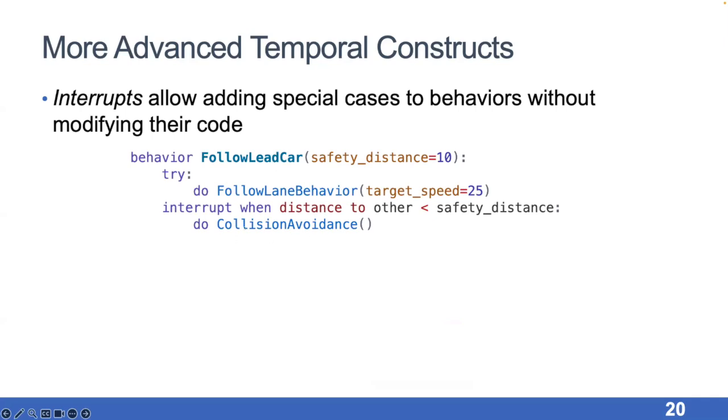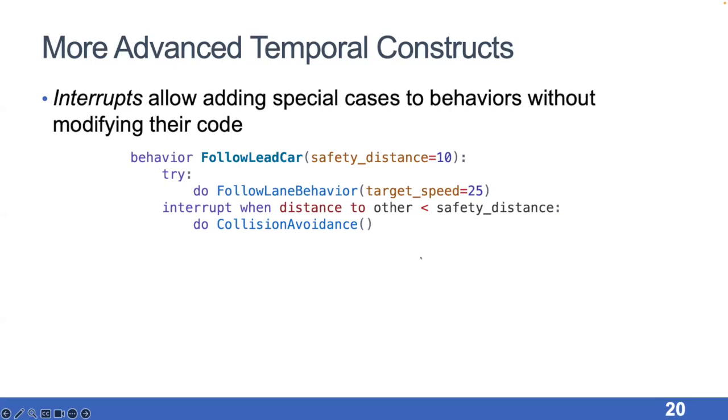And then when that behavior terminates, we will then resume following the lane. That's the semantics of this try interrupt statement. It basically does the try part, monitoring this condition. If the condition ever becomes true, then control goes to this block until this interrupt handler has finished, and then we resume whatever we were doing before. So here we basically added a special case onto the follow lane behavior without having to actually go in there and modify it.